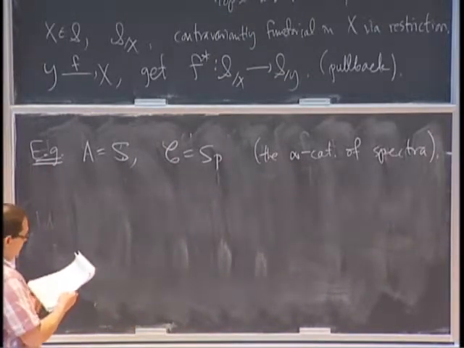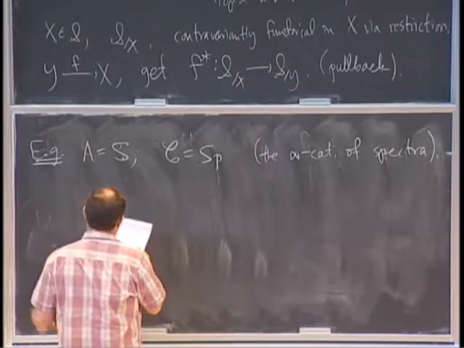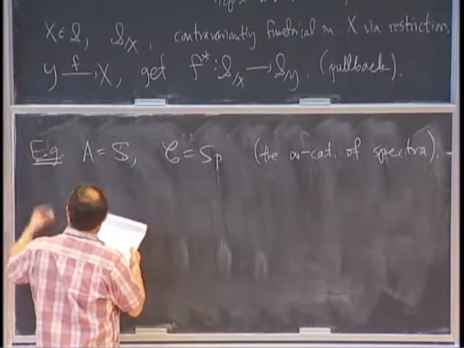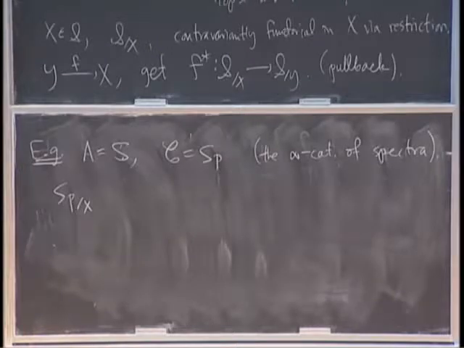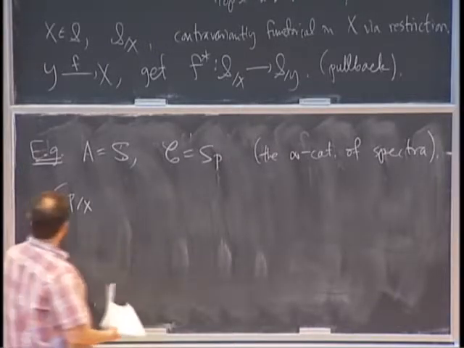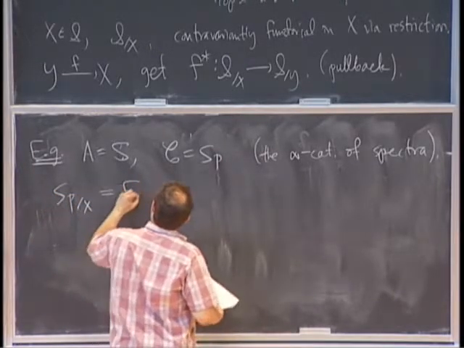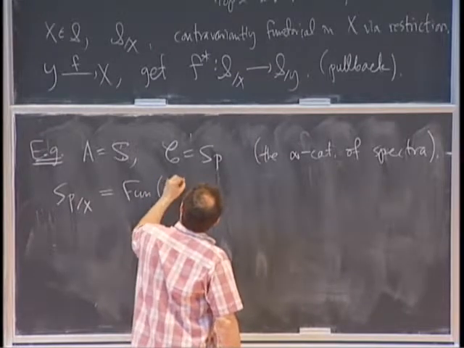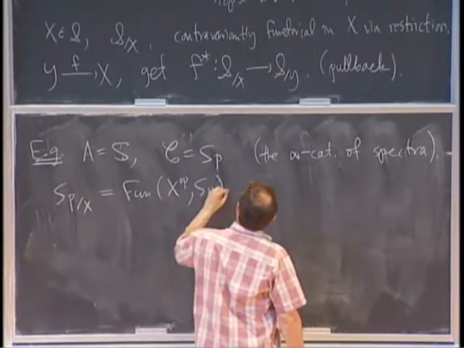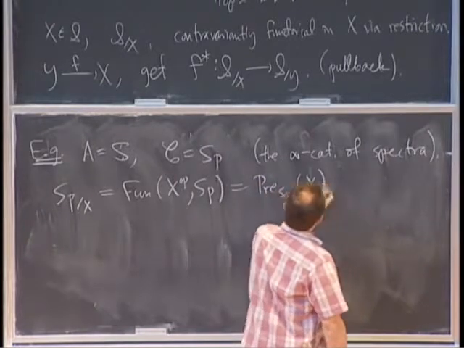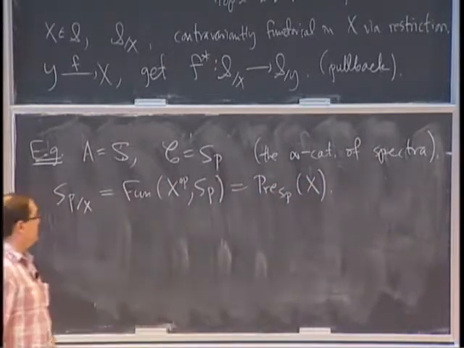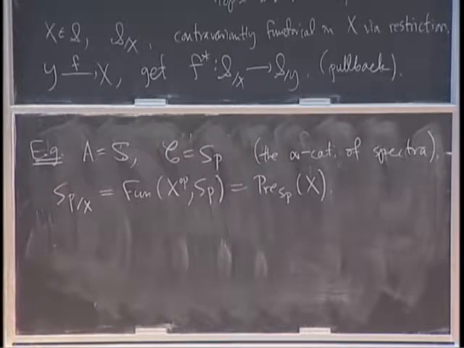And then this definition of spectra over X, or spectra parameterized over X, is by definition functors from X op to spectra, or if you prefer, presheaves of spectra on X. So it's a natural definition.